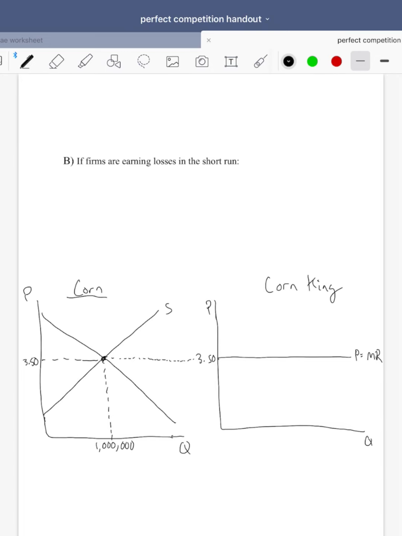So then if I am a price taker for my individual firm, I'm also going to charge the $3.50. I'll have in my marginal cost curve. And then I'll also add in my average total cost curve.